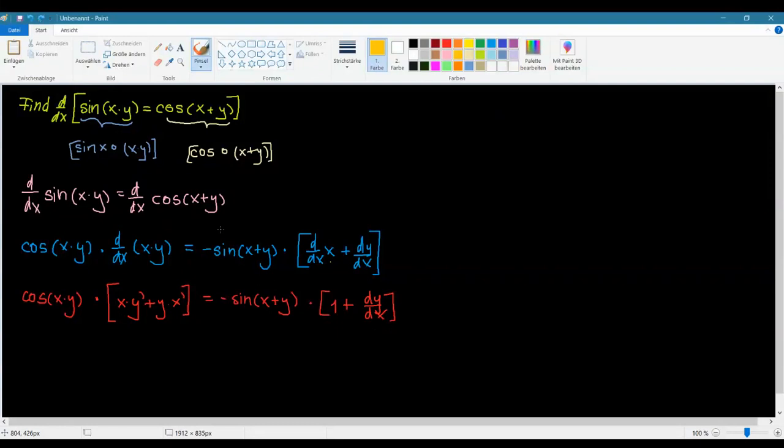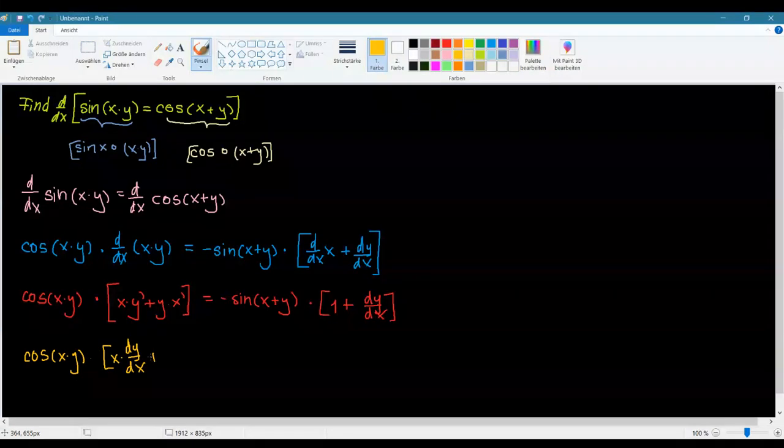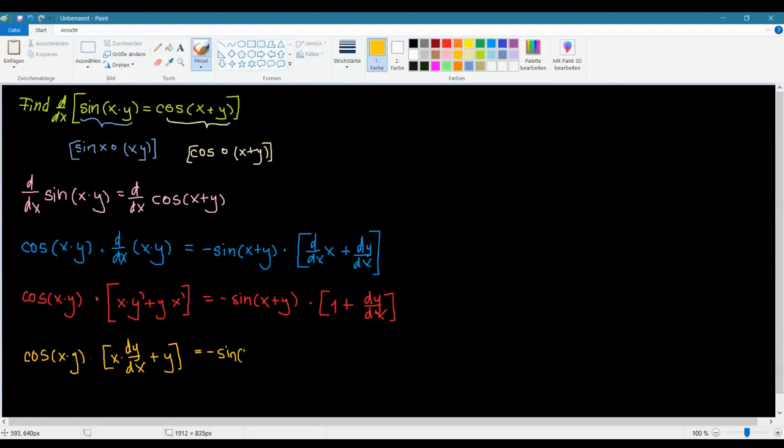And x prime is just going to be 1 again, so we're going to end up with cosine of x times y times x times dy over dx plus y times 1, which is just y, equals negative sine of x plus y times 1 plus dy over dx.